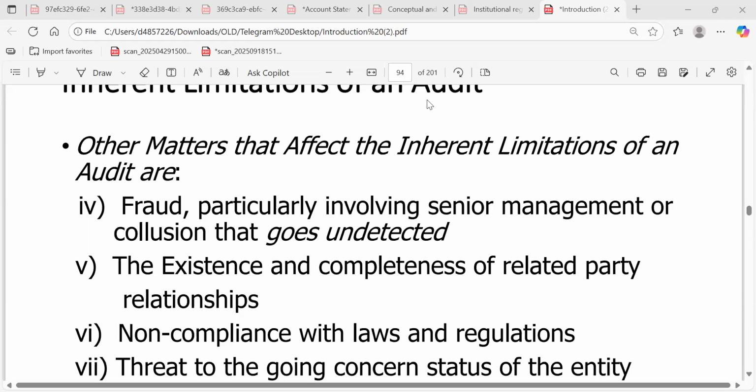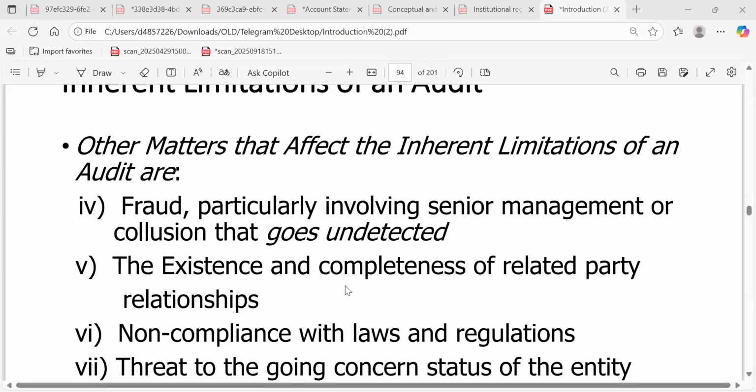So in that instance, what can the auditor do? He cannot do much. So that specific fraud will go undetected because those involved in that activity were top management. So it will be difficult to unearth that kind of fraud.